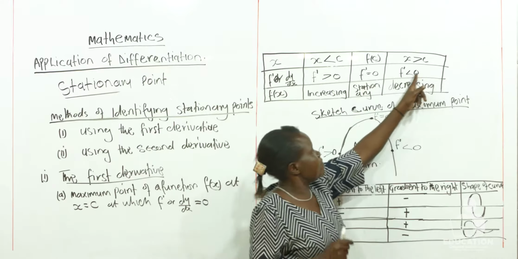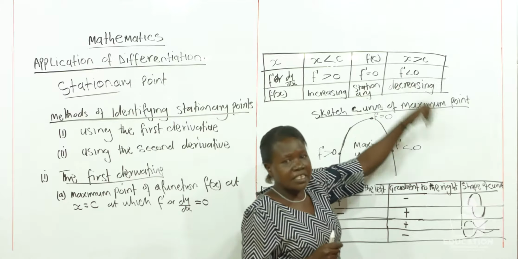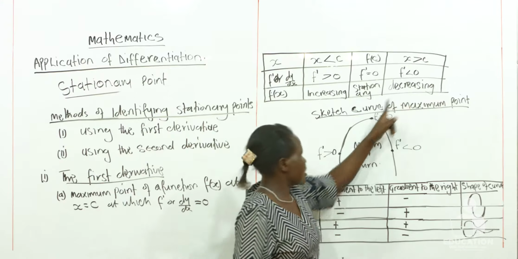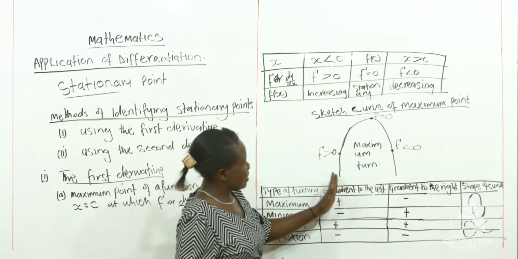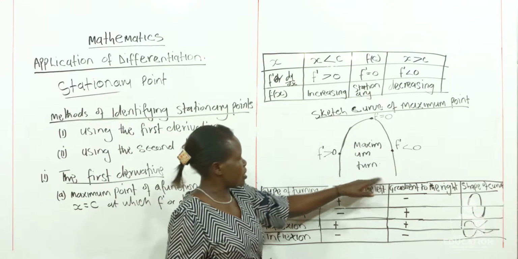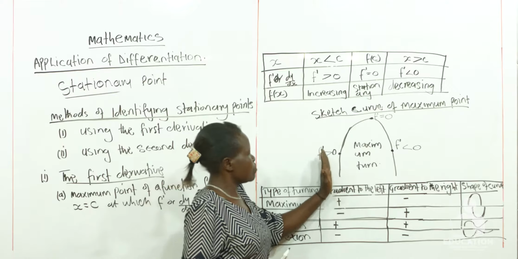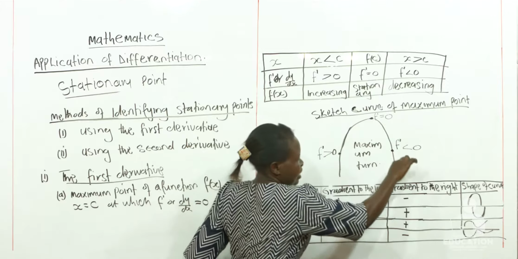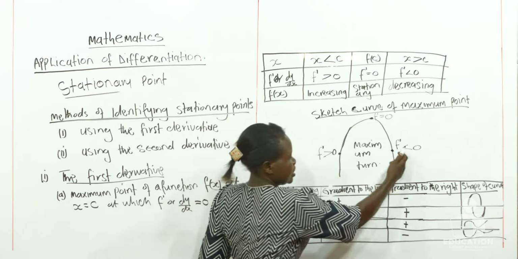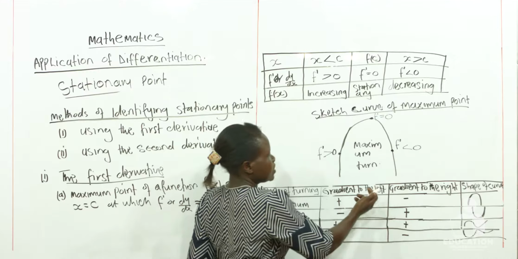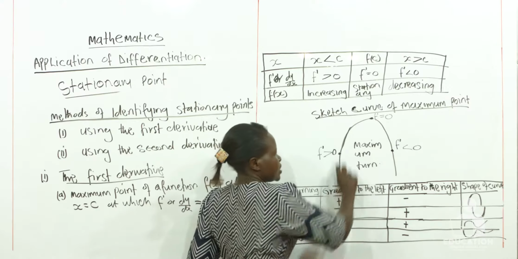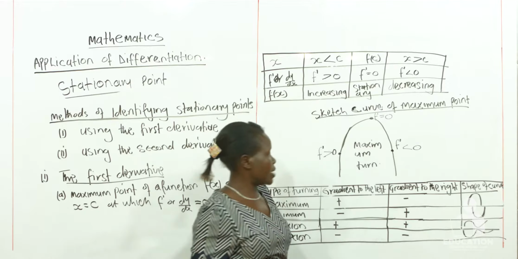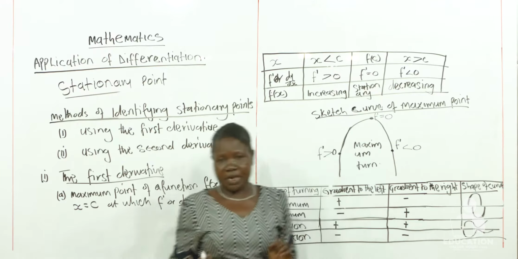And if the gradient is less than 0, then the function is decreasing. In summary, looking at our sketch, moving from the left it is positive, and on the right it is negative, meaning it is decreasing on this side and increasing on this side. It reaches this point before it begins to come down, and this is what we call a maximum turn.